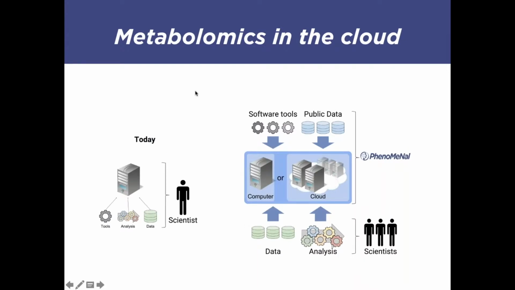So the current scenario in data analysis in metabolomics is that people run their analysis locally on their computers today, right? They use certain tools, certain workflow environments, maybe they access certain private and public data on computers in their institution, be that in their lab or on clusters in the university, etc. While this is very good, it means that if you have a data set that is maybe 10 times larger now or 100 times larger, it literally takes you 10 times or 100 times more to analyze it.